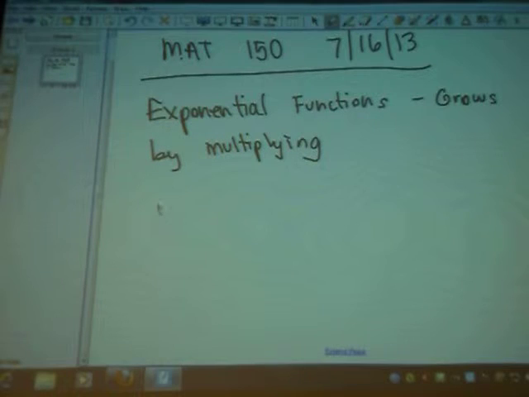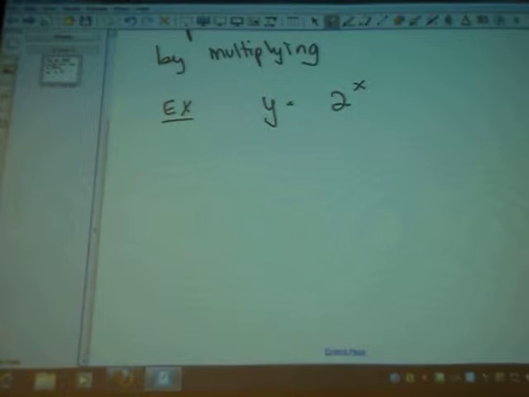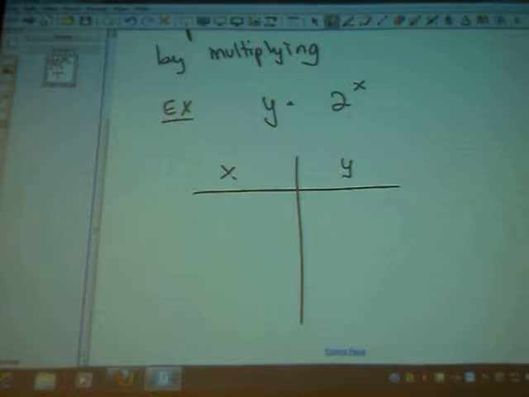Okay, so for example, if you have your function, say the simple function 2 to the x power. Okay, let's make a table here. Start with -2.